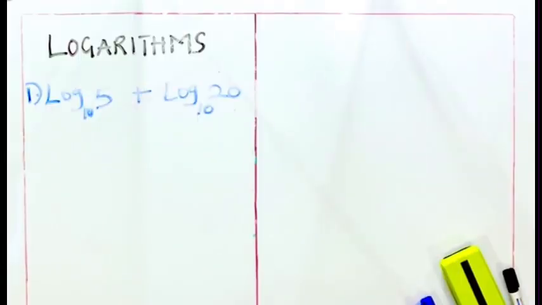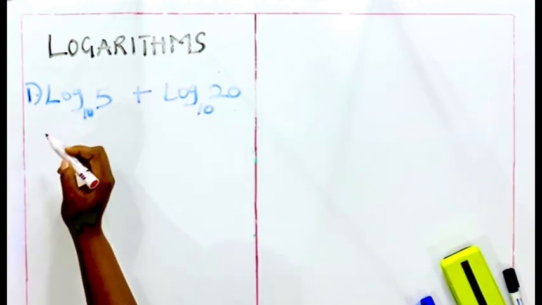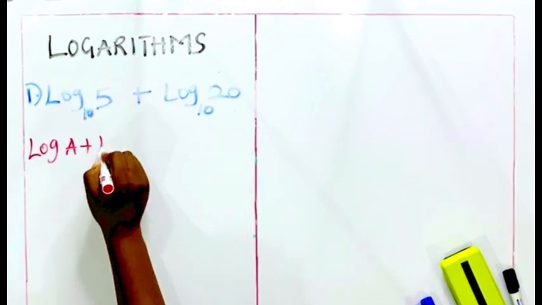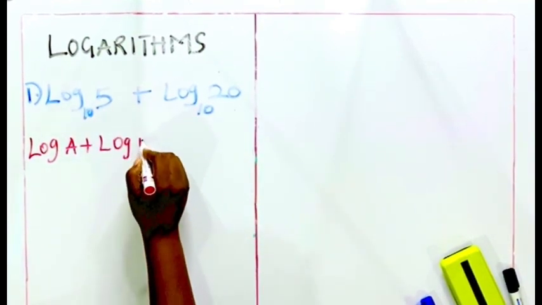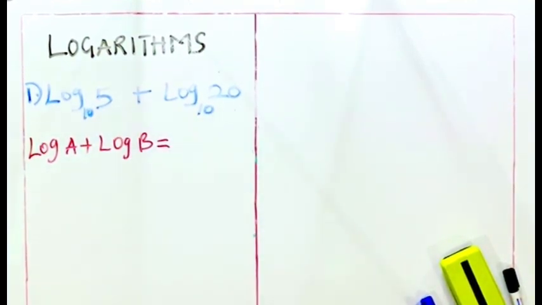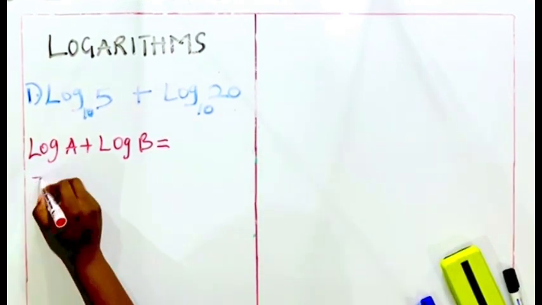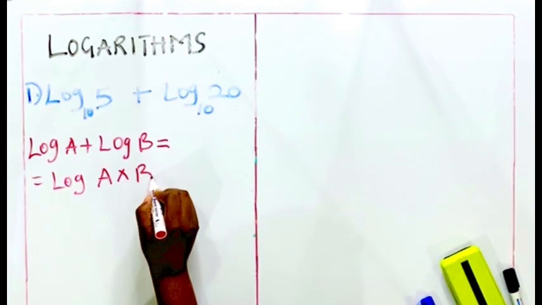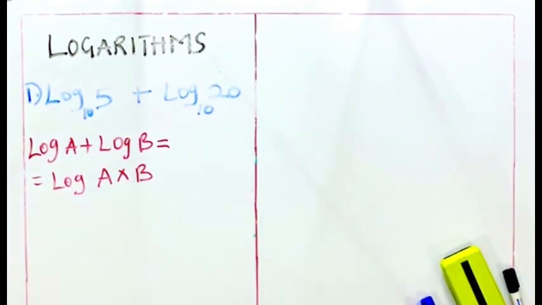You are asked to solve log 5 to base 10 plus log 20 to base 10. Recall one of the laws of log. If there is something like log A plus log B, this can also be written as log A times B, provided the bases are the same.